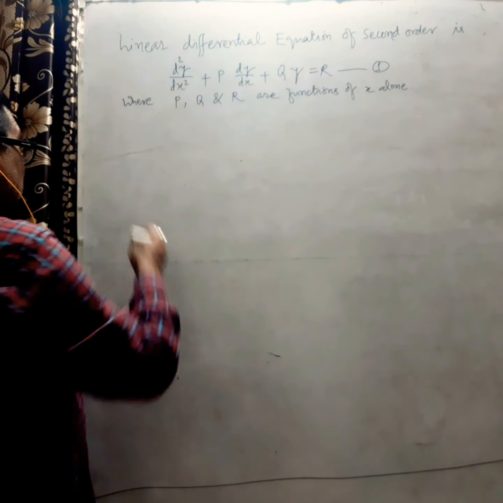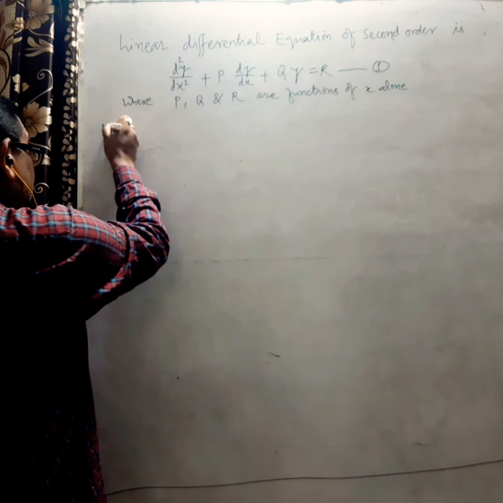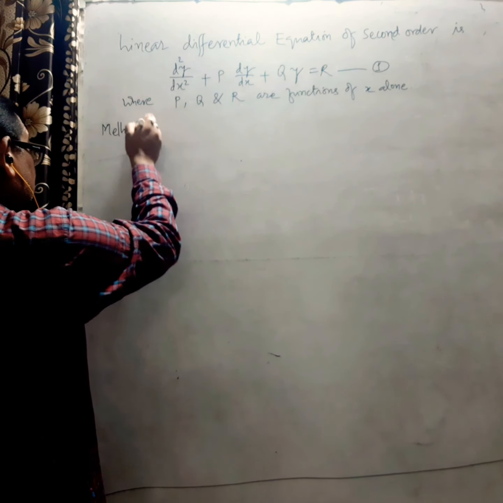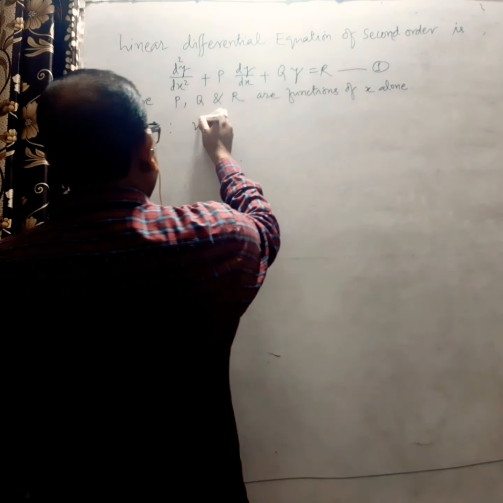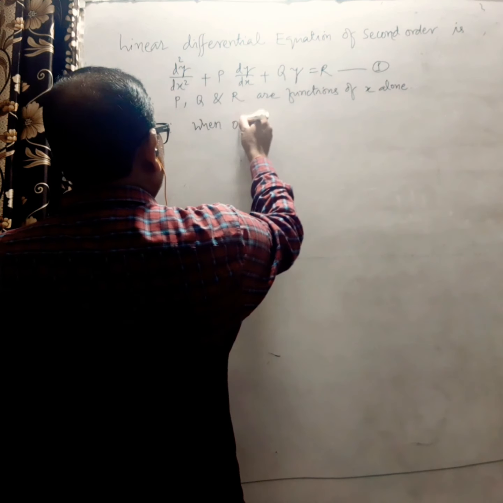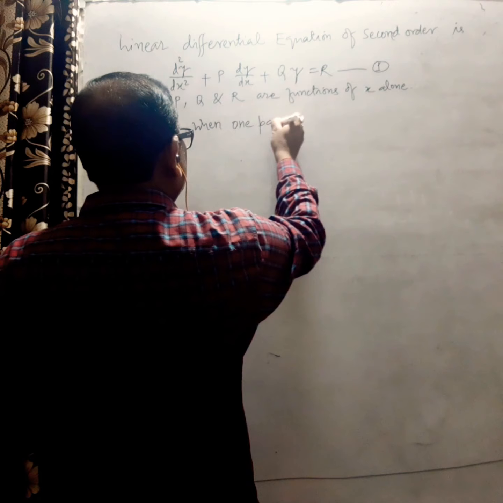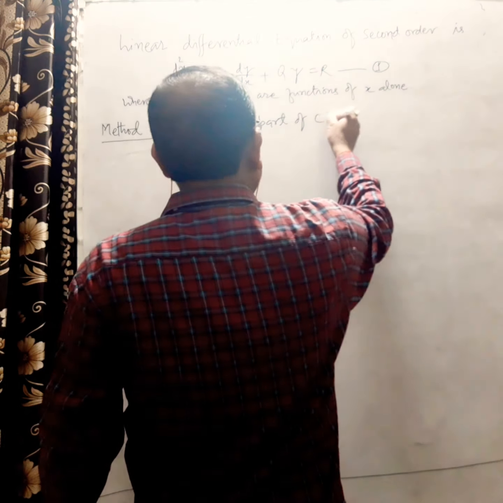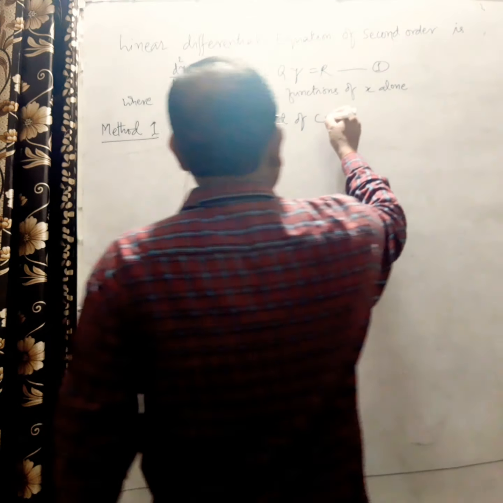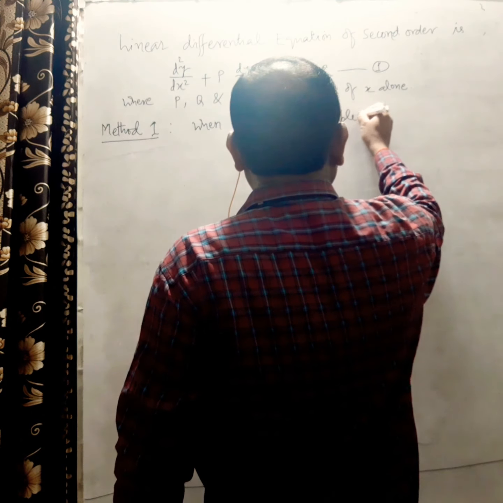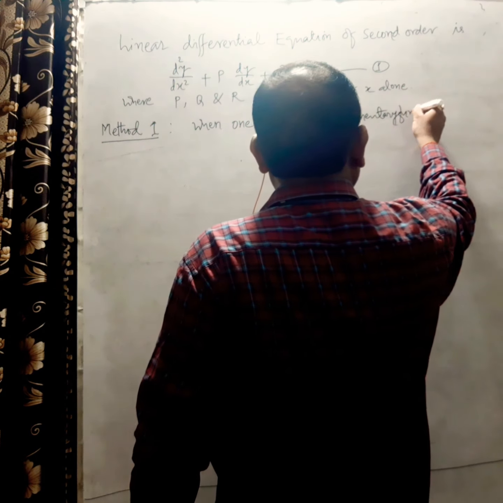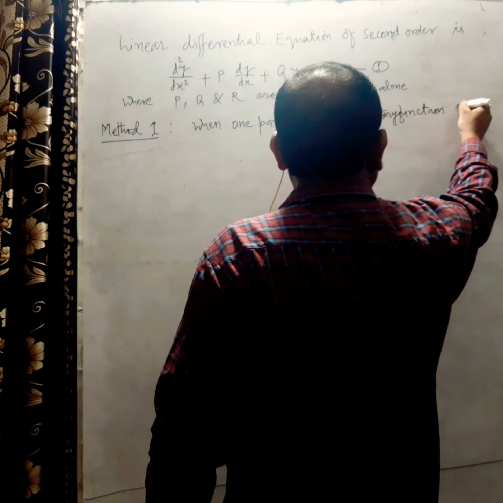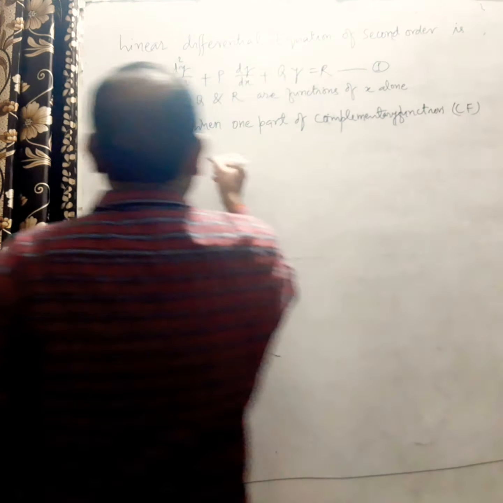Method number 1 is when one part of the complementary function CF is known.